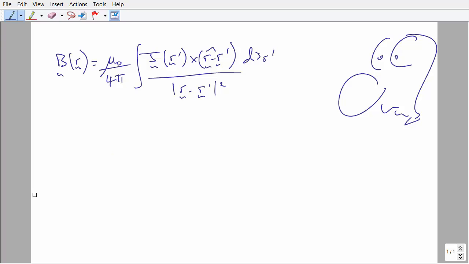And although I didn't prove that the divergence of B was zero, I did suggest how you would go about proving this fact. And because the divergence of B is zero, we know that we can always write B as the curl of some other vector function. In this case, we call it the vector potential A.